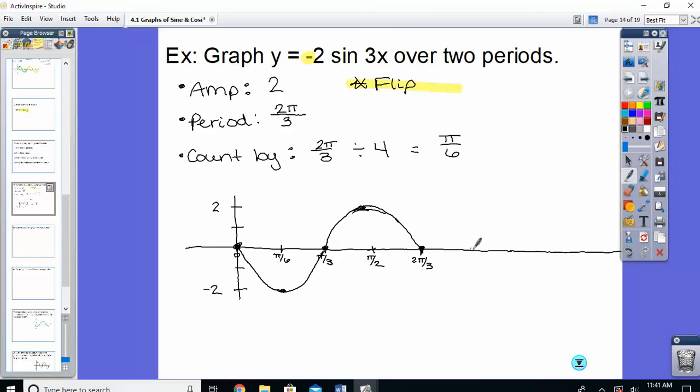We're just going to keep adding our count by for those. So 2 pi over 3 plus pi over 6 is 5 pi over 6. Plus pi over 6 is pi. Plus pi over 6 is 7 pi over 6. Plus pi over 6 would be 8 pi over 6, which is 4 pi over 3.